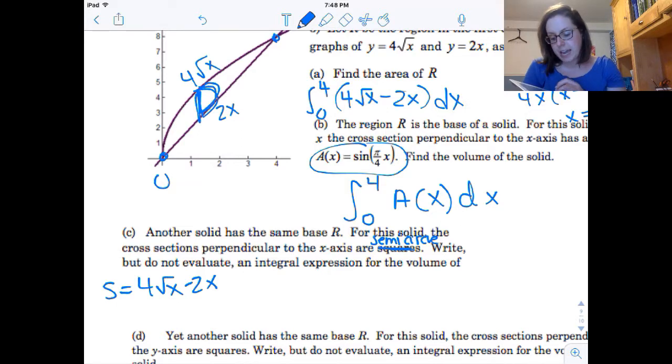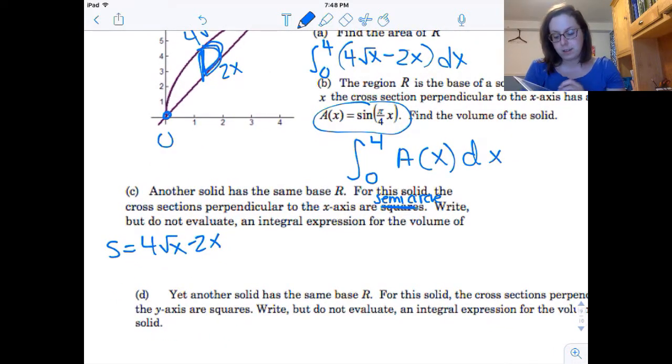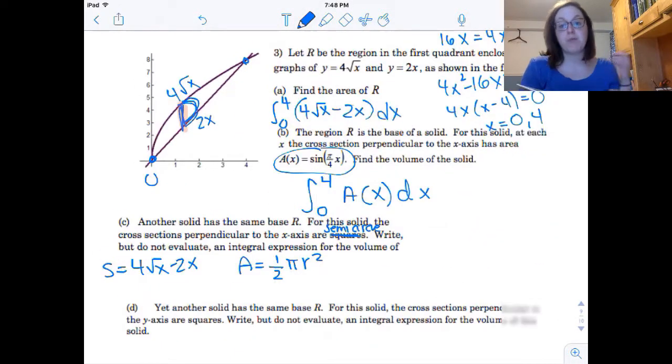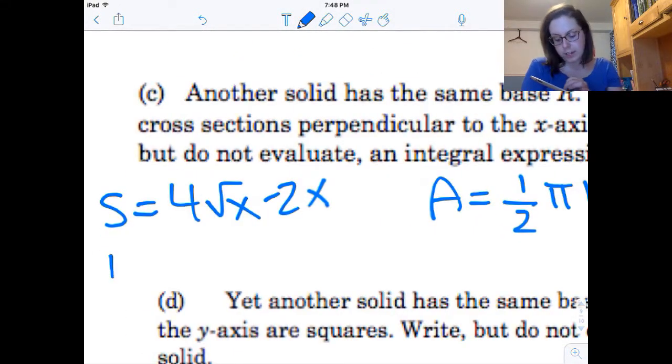The area of a semicircle is pi r squared over 2. And this, notice, is the diameter of that semicircle, right? So if I want to actually put my radius in, r is going to be 4 radical x minus 2x over 2.